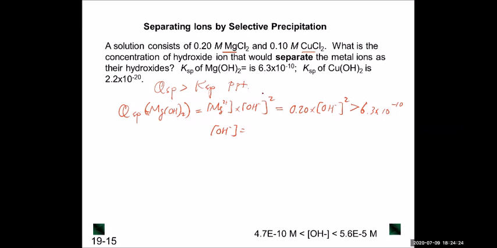So basically the rest is just solving this inequality, and it's very straightforward. 6.3 times 10 to the negative 10 divided by 0.2. And so finally, you solve for the hydroxide.